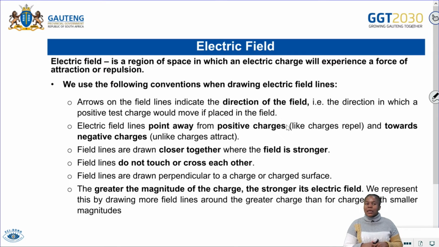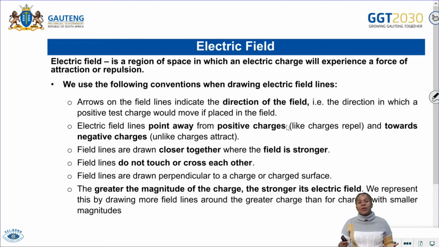Electric field lines are drawn closer together where the field is stronger. Okay, so where they are closer, that means the electric field strength is stronger. Okay, and when they are far apart, that means the electric field strength is what? Is weaker. All right, so field lines do not touch and do not cross each other.